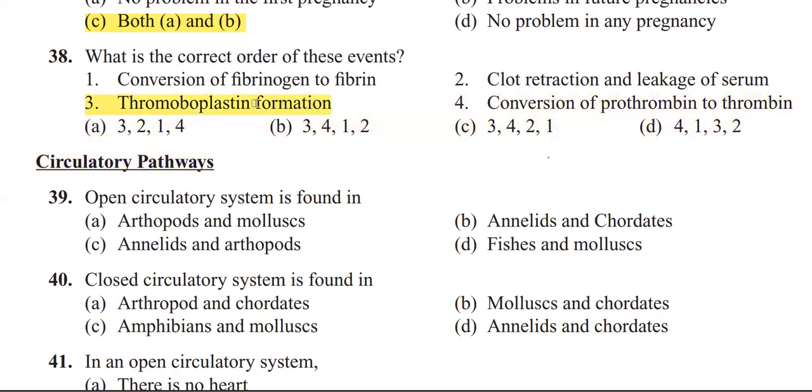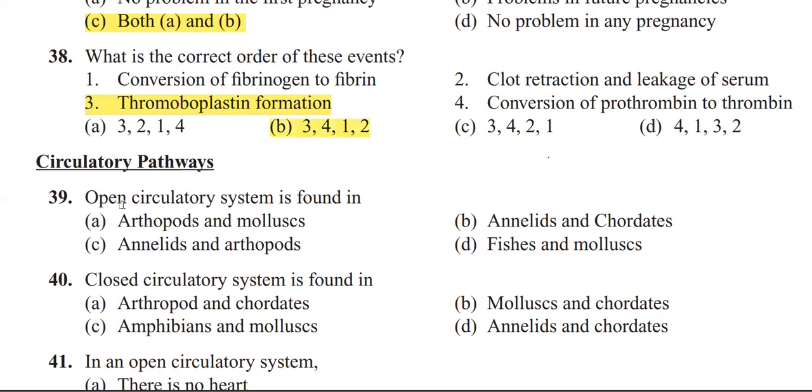Thromboplastin formation means prothrombin activator. So the first option is 3. Then conversion of prothrombin to thrombin, 4. Then conversion of fibrinogen to fibrin. Then clot retraction finally. Therefore, 3, 4, 1 and 2.